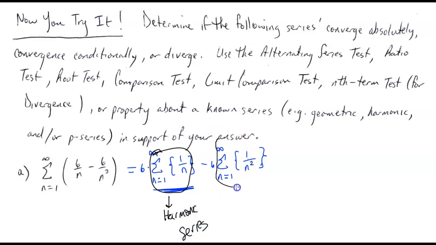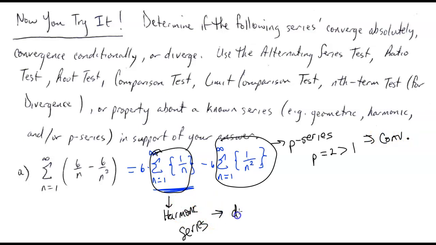And here is a P series, where P is equal to 2, which is greater than 1. So we know that this P series converges, but the harmonic series diverges.